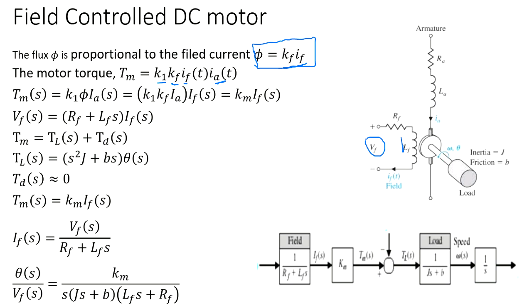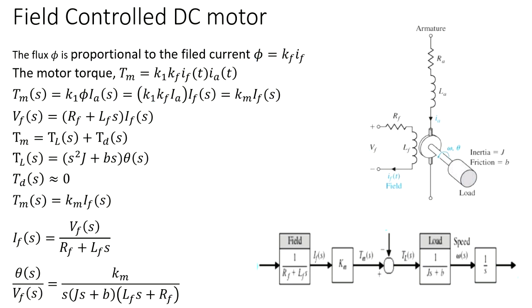Or you can say it is proportional to the armature current, because we know Kf times If is phi. So we replace Kf times If with phi, and then we have K1. So we have this equation for the torque of the motor.